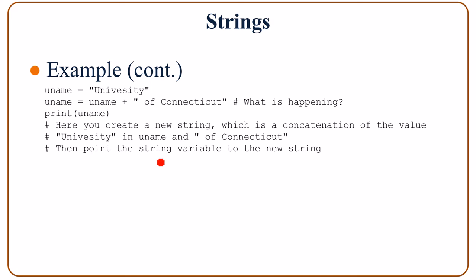So what happens here is that you create a new string, which is a concatenation of the value university in uname and the string of Connecticut, and then repoint the string variable uname to the new string. So be careful with what really happens when you work with strings.